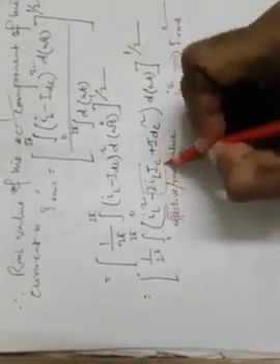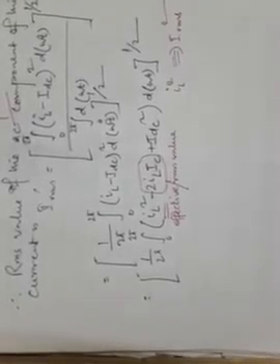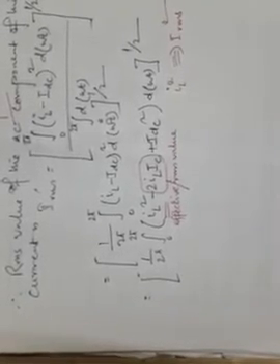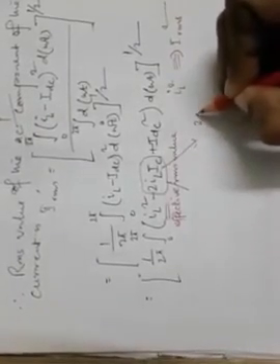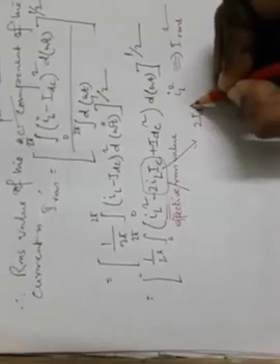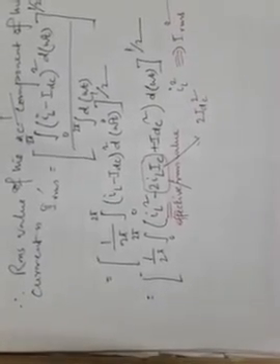The second term, 2 IL IDC, is actually 2 IDC square. Why 2 IDC square?